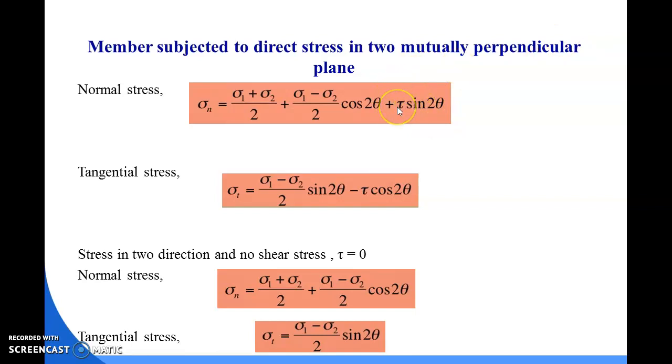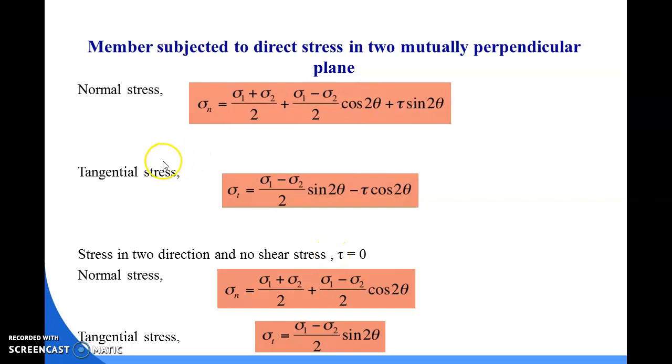If we put tau equal to 0 in the normal stress formula, then tau sine 2 theta is also 0. So the normal stress is only sigma 1 plus sigma 2 divided by 2 plus (sigma 1 minus sigma 2) divided by 2 cos 2 theta. Here no shear stress is there.